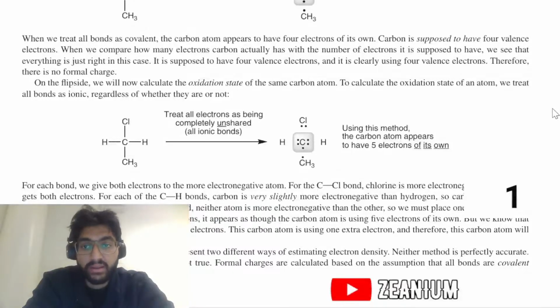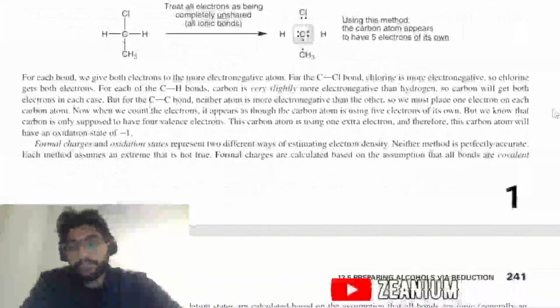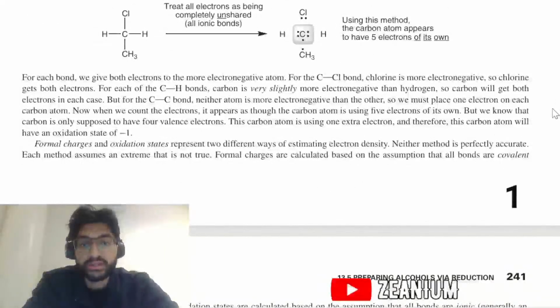On the flip side, we will now calculate the oxidation state of the same carbon atom. To calculate the oxidation state of an atom, we treat all bonds as ionic, regardless of whether they are or not. For each bond with a more electronegative atom, for the C-Cl bond, chlorine is more electronegative, so chlorine gets both electrons.